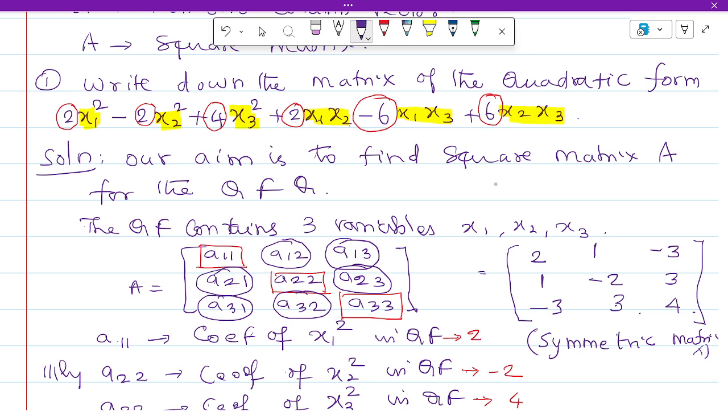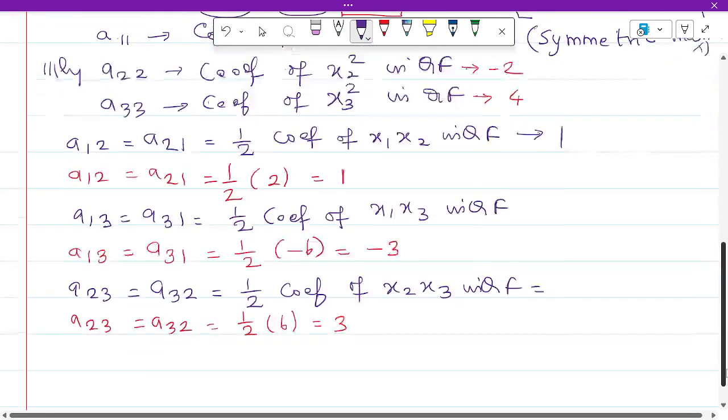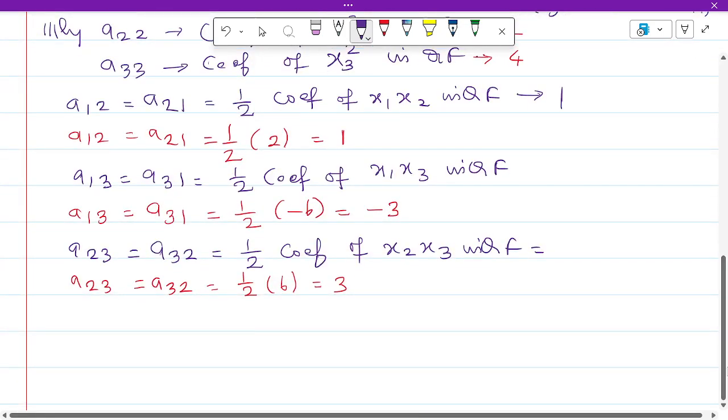Then the coefficient of x1, x2, take 1 by 2 of that value, and then write it in the position of A12 and A21, and then x1, x3 should be in the position of A13 and A31, and then x2, x3 should be in the position of A23 and A32. Okay, it is a very simple example.